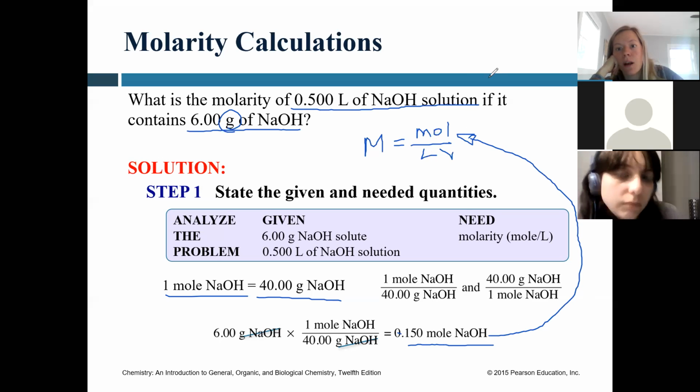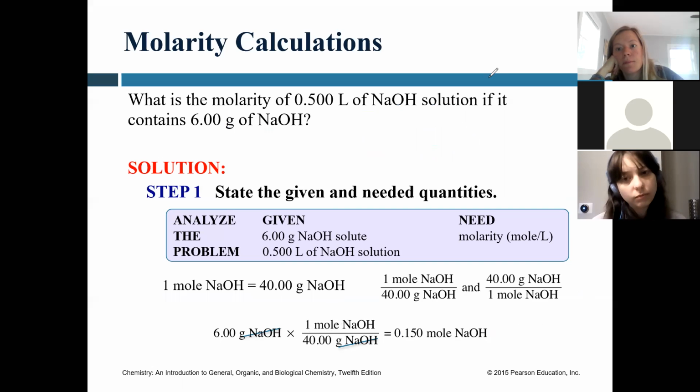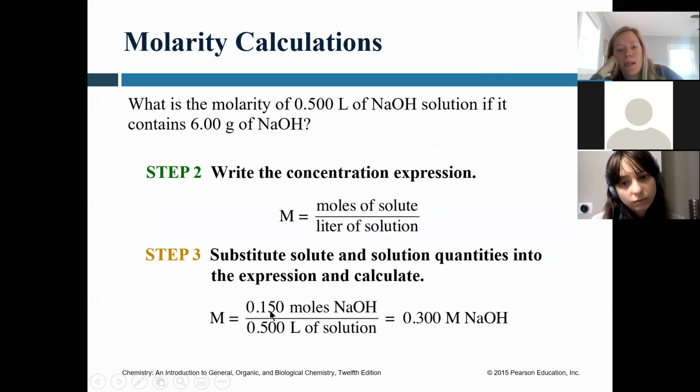So we have both of our components here. We take the new calculated mole value, because the gram doesn't work for molarity, we divide it by how many liters we have, and we get an ending value of 0.300 molarity.